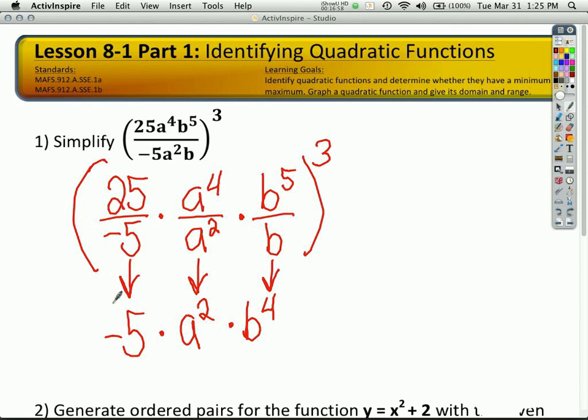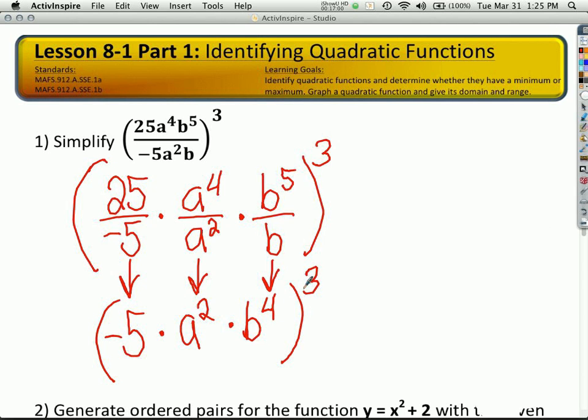So now, if we do all of this to the 3rd power, isn't that a lot simpler than from here trying to apply the exponent to each factor of this expression? That is really complex looking, although you get the same answer. But if you can understand that when everything is being multiplied and divided, you can separate anything any way you want. When you have the same base, it's very easy.